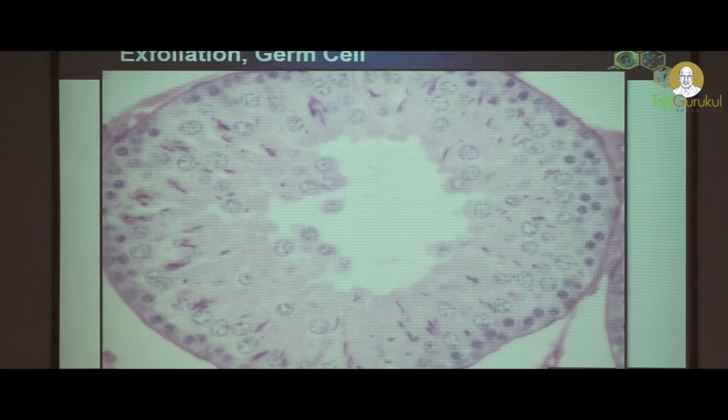When the inciting cause is continuously administered, the disturbance in Sertoli and germ cell intercellular junctions can lead to loss of germ cell adherence to the Sertoli cells, eventually leading to exfoliation of these cells. The same histologically looking normal cells may also be seen in the epididymis in this case.